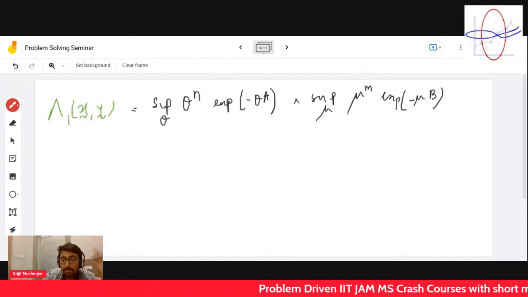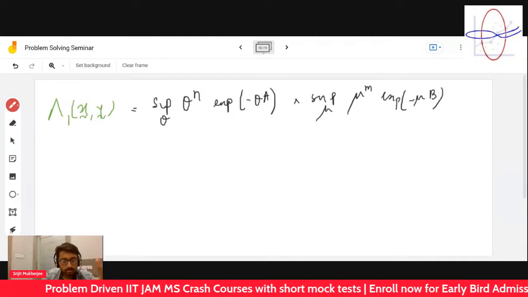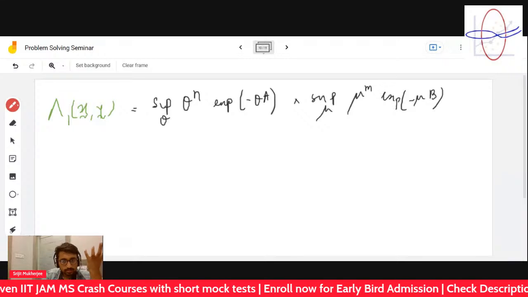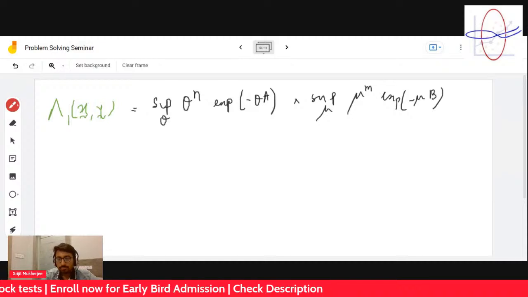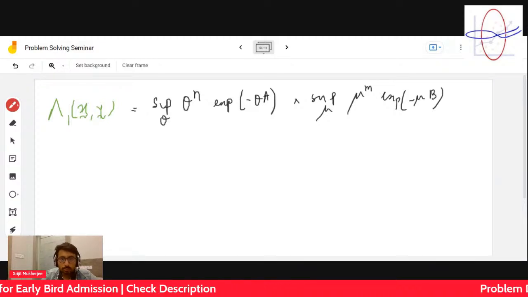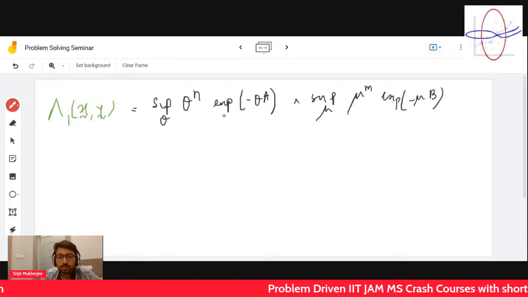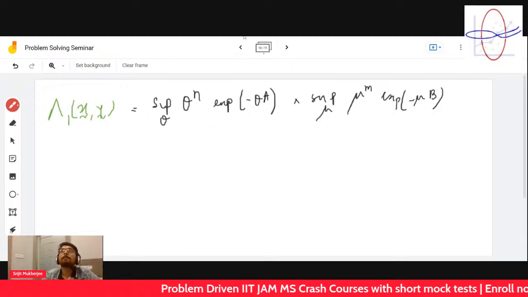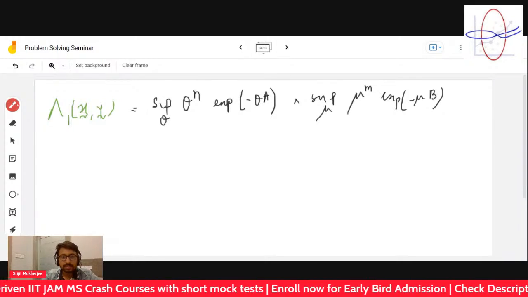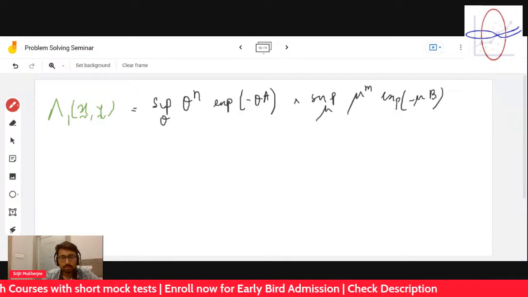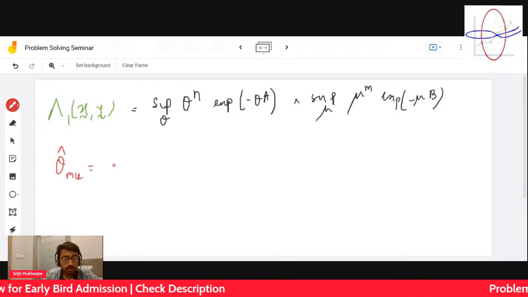They are maximized at their MLE, right guys? Both of them are maximized at their MLE. What is the rate parameter MLE? Do you remember? The mean's MLE is x bar. The rate parameter theta's MLE is what? It is n by the sum of x, that is, 1 by x bar.